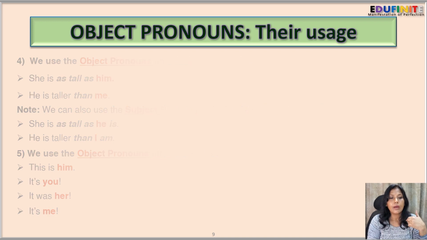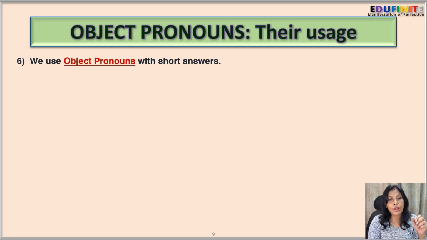Next, we use the object pronouns with short answers. For example, suppose we have two characters, Pam and Sue. Pam is asking, who's at the door? Sue is answering, me. Sue answers by using the object pronoun me, and she does not use the subject pronoun I. She never says I. She always says me.